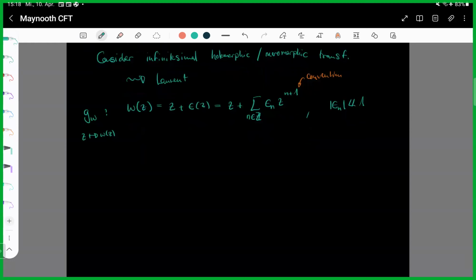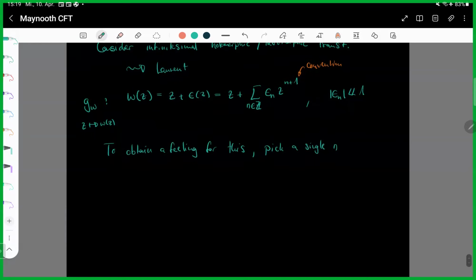Okay, so this looks very abstract now. Let's get a feeling for this. We're going to pick a single n.